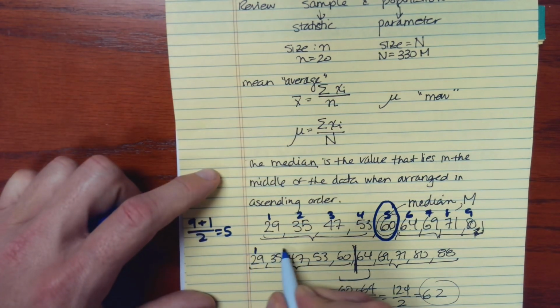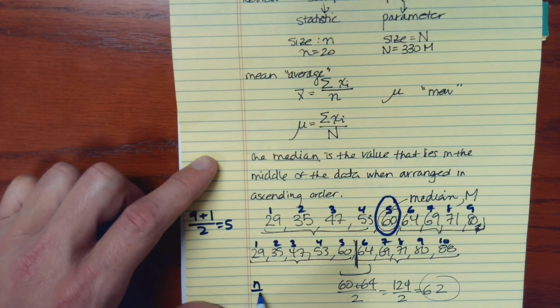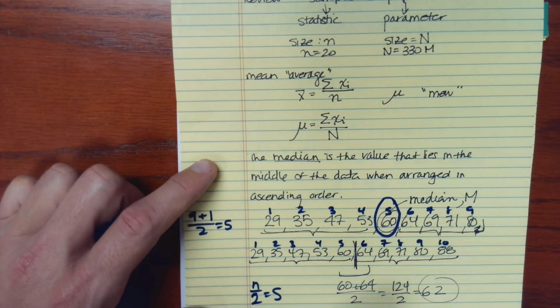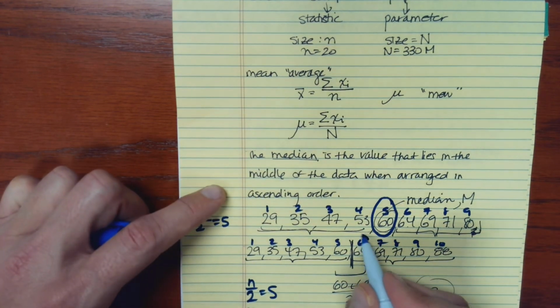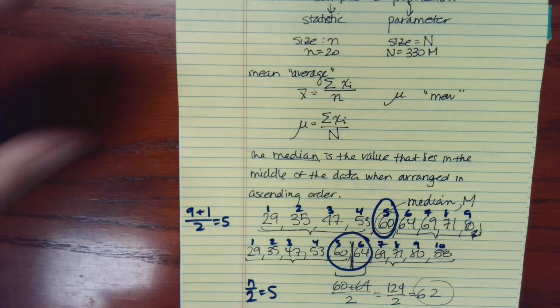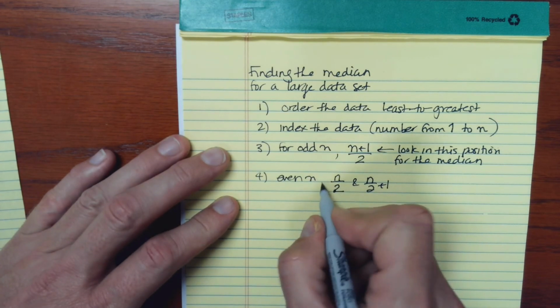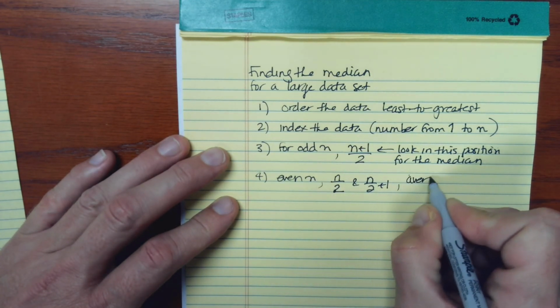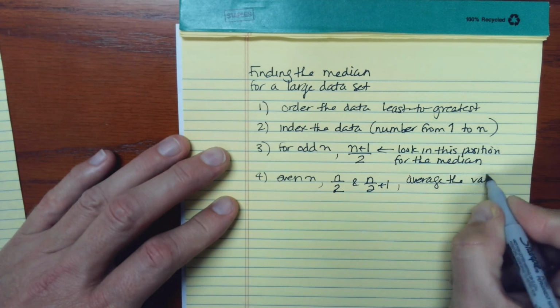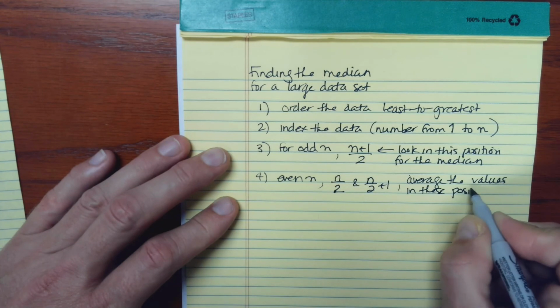I would number these 1 through 10. n over 2 is 5, and n over 2 plus 1 would be 6. So I'll average those two values. Average the values in these positions.